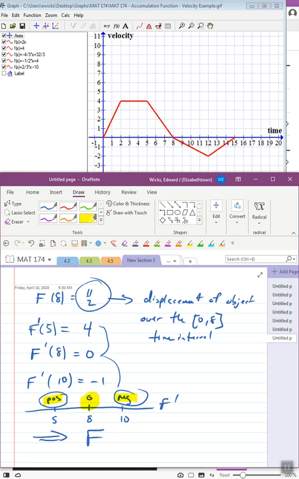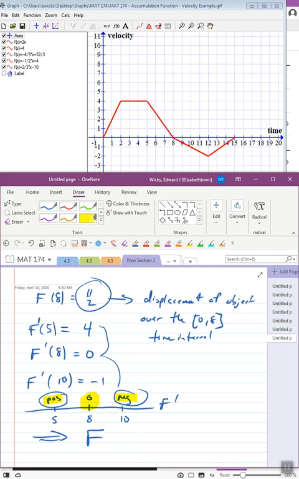In other words, what did I do from 0 to 8? I added up positive area, but then once I hit 8 and go from 8 to 15, I'm going to start subtracting area. Okay, so Andrew says, then there should be a maximum at 8, shouldn't there?